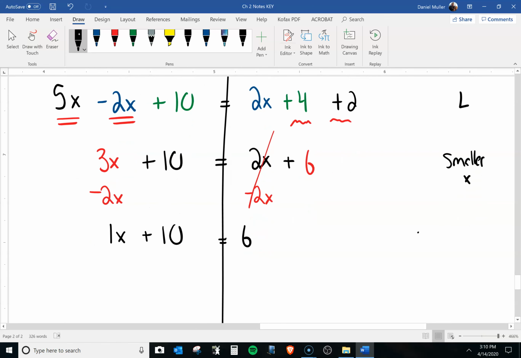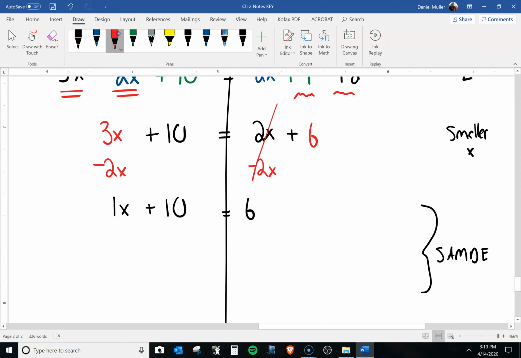And now whatever comes next will be backwards BEDMAS, without the B. So get rid of any addition or subtraction. I have an addition, so I will minus the 10 from both sides.